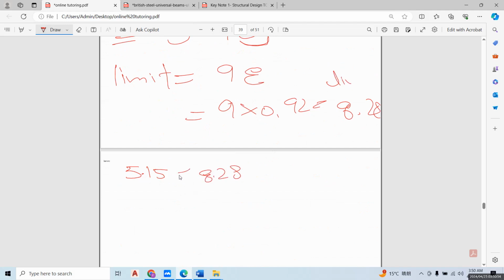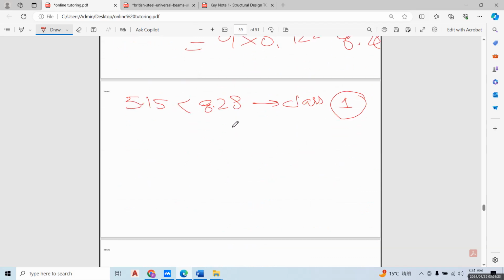Our limiting value is greater than our answer, so it is class 1. If this value exceeded the limit, your section would be class 2. Brother, do you understand this? I see. So the answer is class 1, but we have to check the web also.